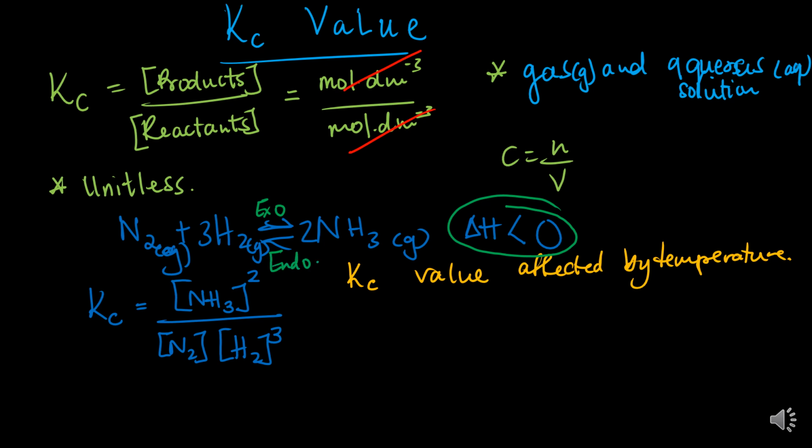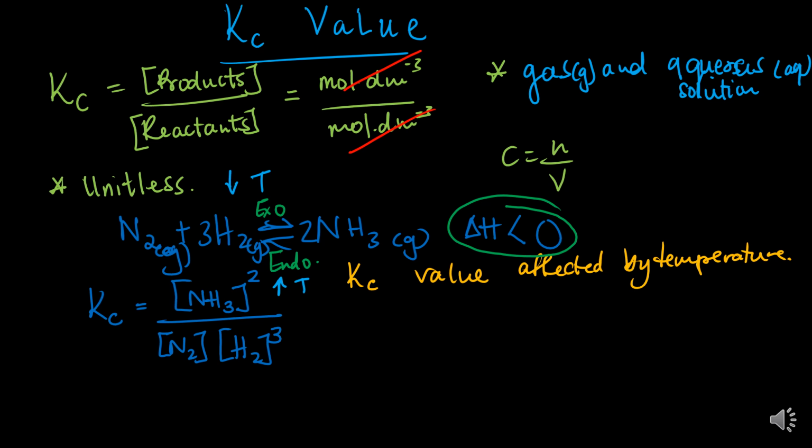When we're doing factors that affect equilibrium, you know that temperature is one of them. A decrease in temperature favors the exothermic reaction, while an increase in temperature favors the endothermic reaction. Remember Le Chatelier's principle: to absorb the heat, the endothermic reaction would be favored when you increase the temperature.